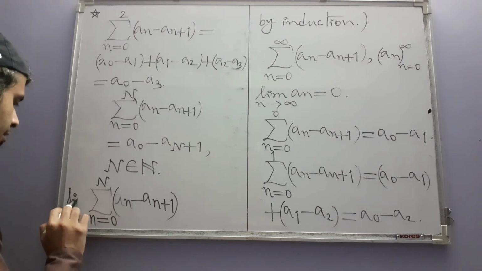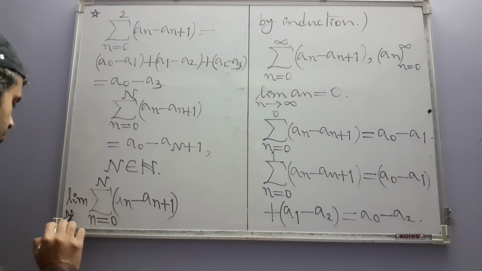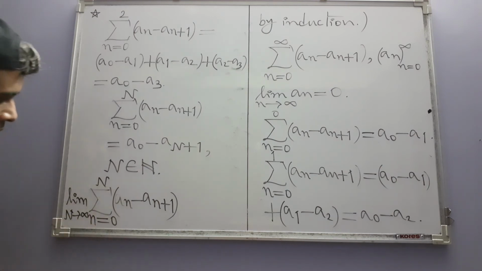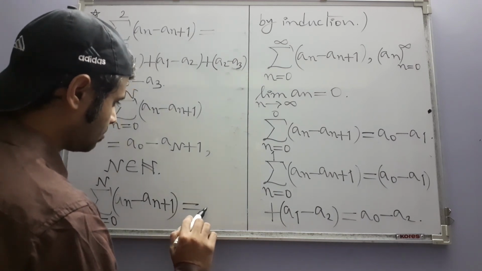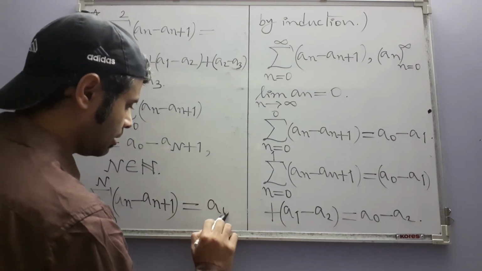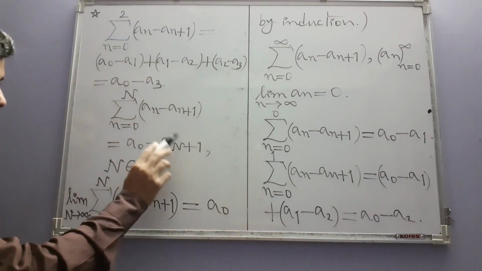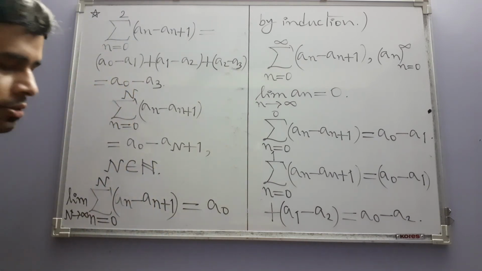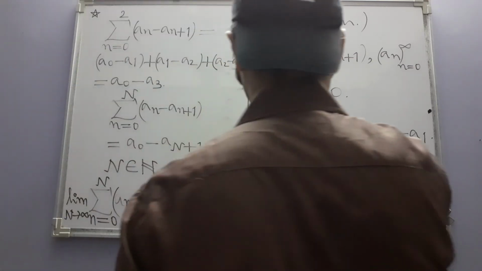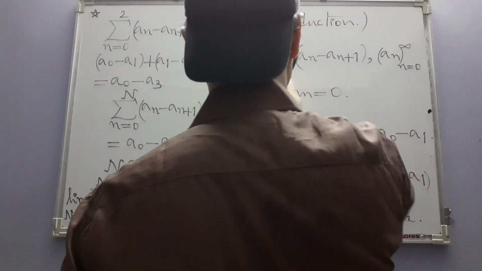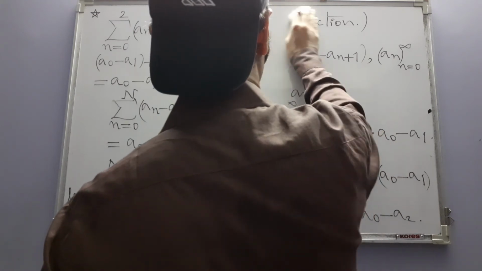You have to look at this limit as n approaches infinity. By the limit laws, a naught is independent of n, that is, it does not change. So the limit will be a naught minus the limit of a_(n+1).